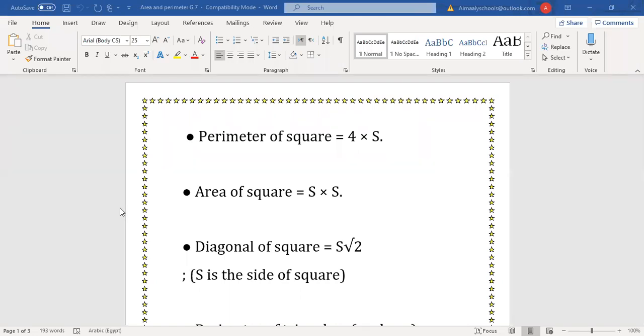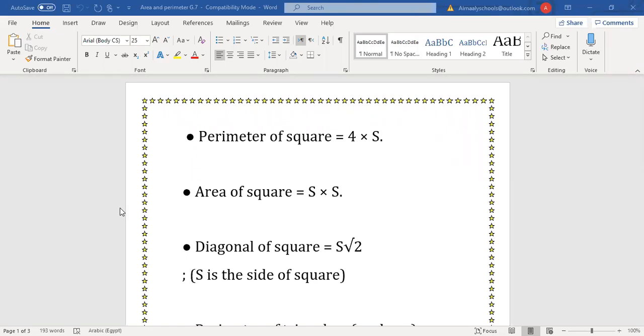Yesterday, the last question we solved was question D in page number 283. It asked me to calculate the area of a kite, and I told you that we can calculate the area of the kite by dividing it into two triangles, using the area of the triangle equals half multiplied base multiplied height.